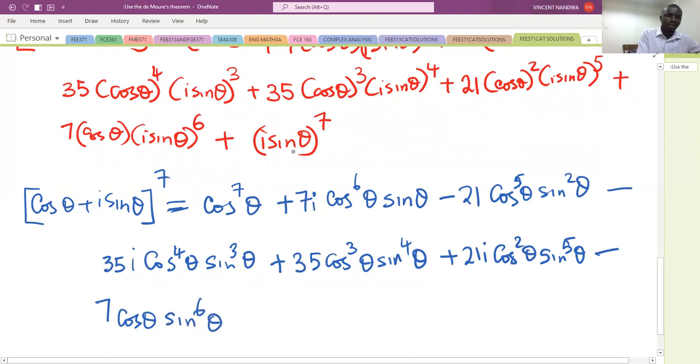I power 7 is negative I, so we'll have negative I sine power 7 theta.